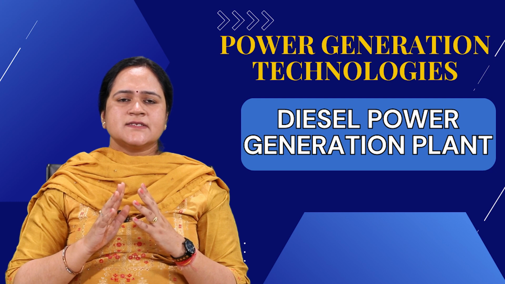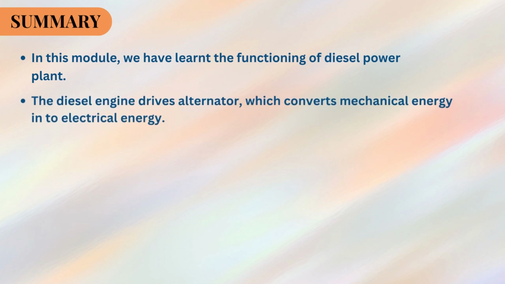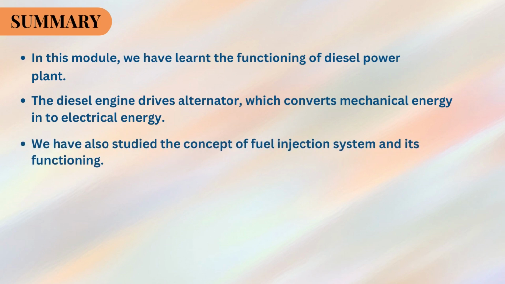Now let us summarize whatever we have learned. In this module we have learned the function of diesel power plants. The diesel engine drives alternator which converts mechanical energy into electrical energy. We have also studied the concept of fuel injection system and how it functions. We have learnt about inlet system, intake system, exhaust system, etc. also.